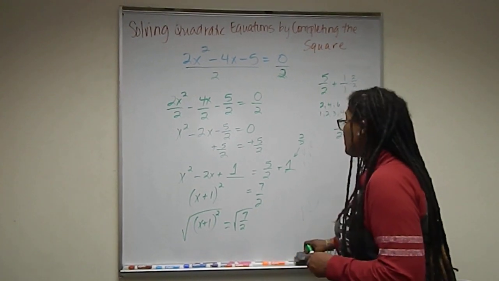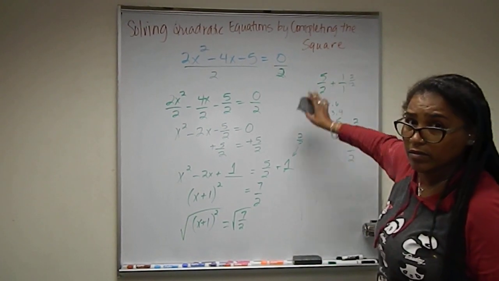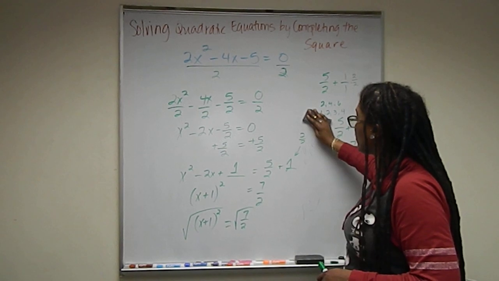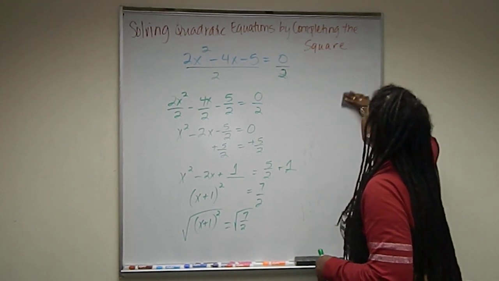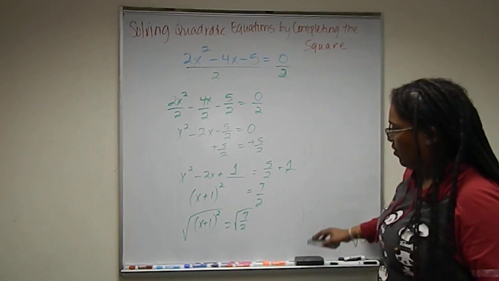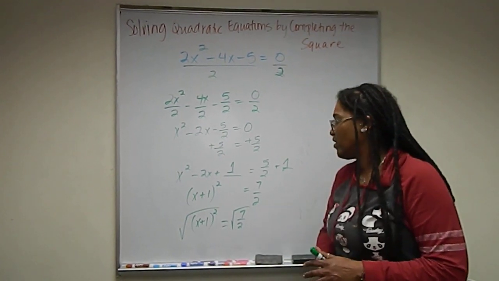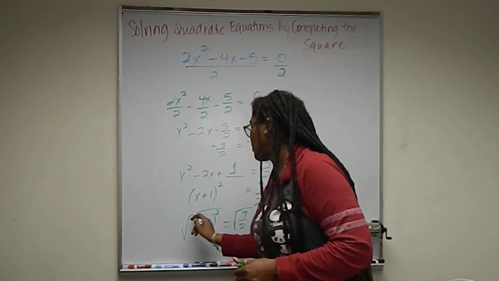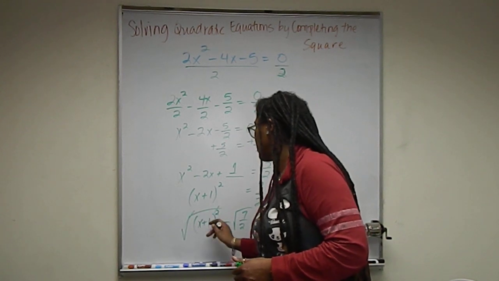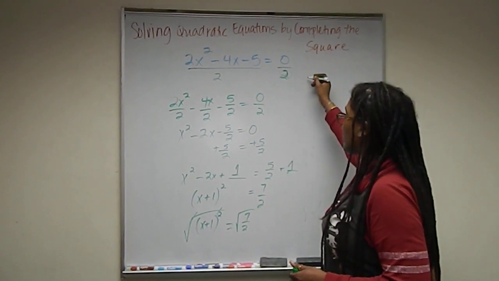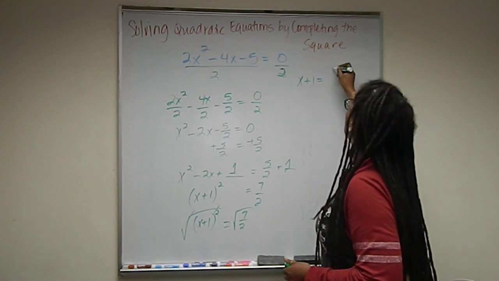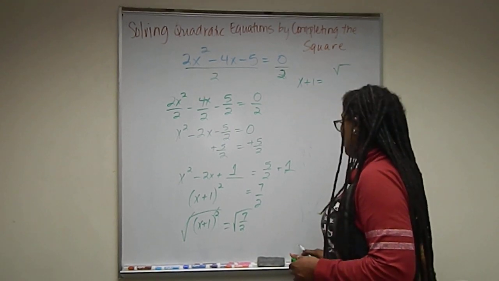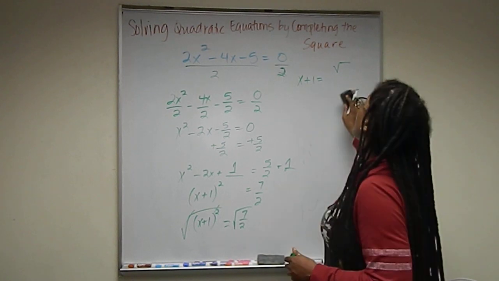I'm going to erase this half over here. I'll leave this up so we can see what's going on. Down here, we know that these two cancel each other out now, so we have x plus 1 is equal to, make sure you know this information.